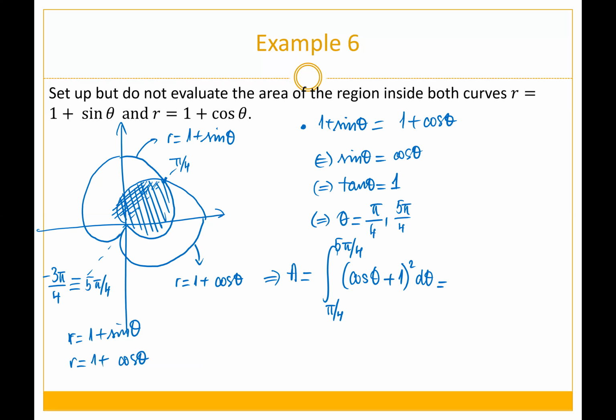So this one is going from negative 3 pi over 4 to pi over 4 of 1 plus sine theta, squared, d theta. So that should be clear now of how we're going to do it.